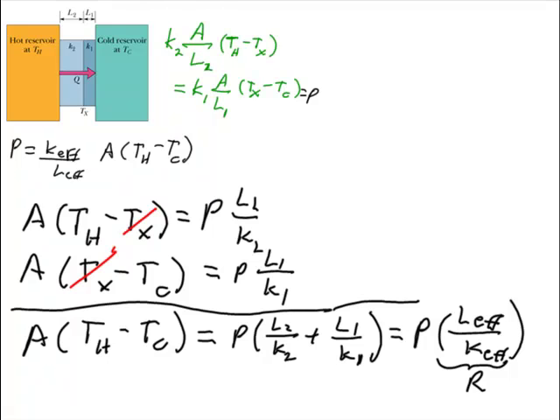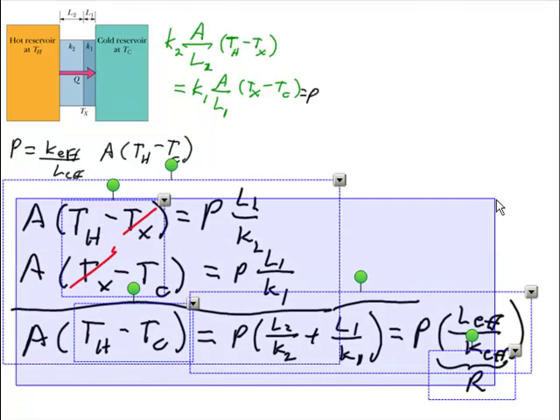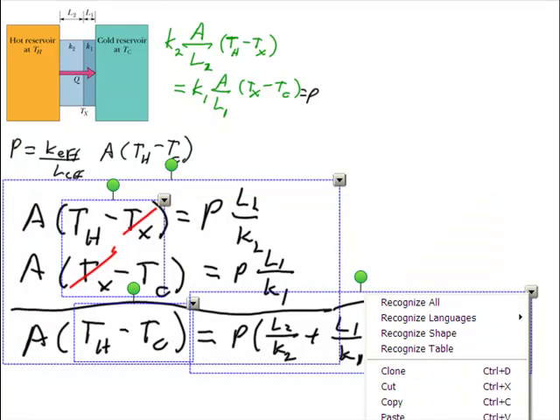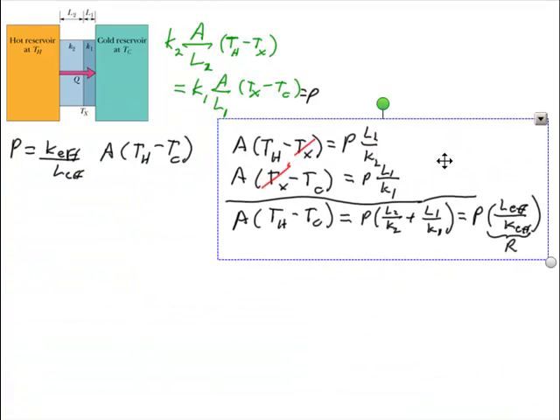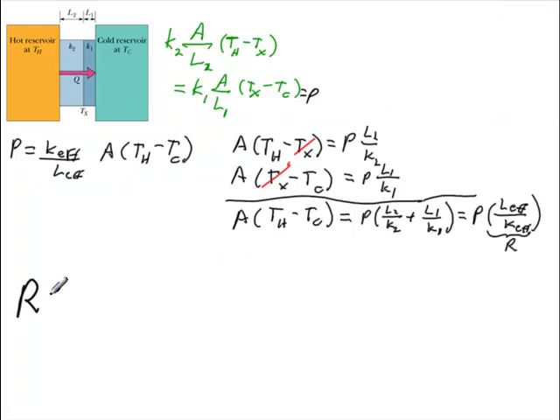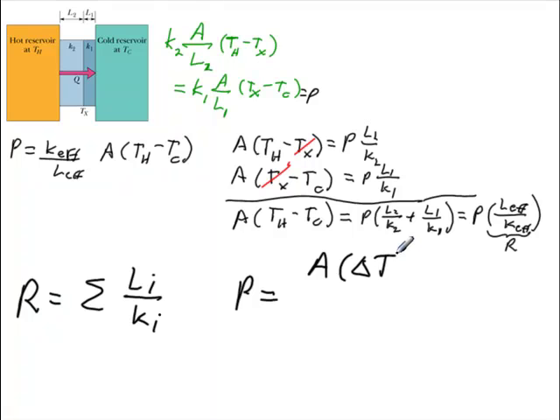So to review how this works, the R value is just equal to the sum of lengths over conductivities, and the power is going to be equal to the area times the temperature difference divided by the R value.